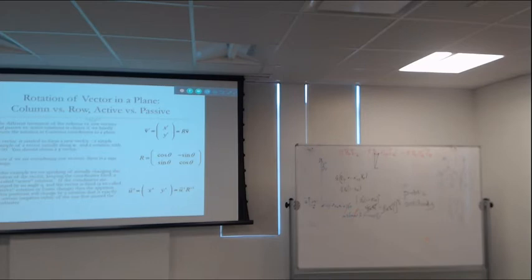Either r will become r inverse, or the angle will become the negative angle. So these are active rotations. But if the coordinate frame is changed and the vector is fixed, you use a negative value of r, or the inverse of r if it's a more complicated three-space rotation. So row versus column is different, active versus passive is different, and they're inverses.